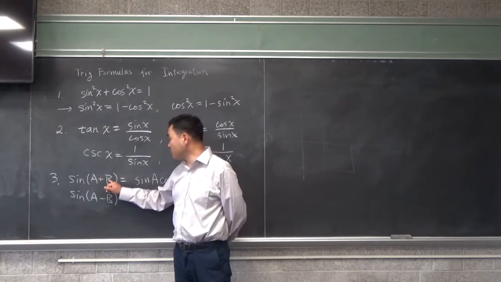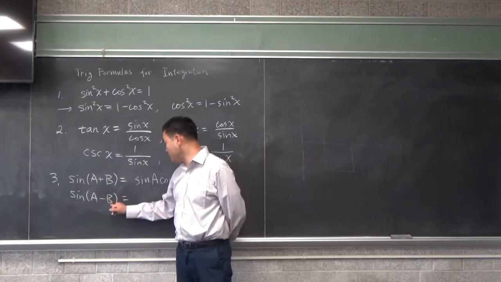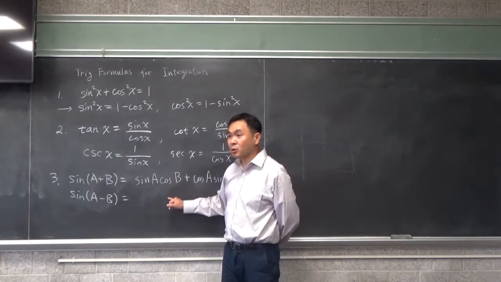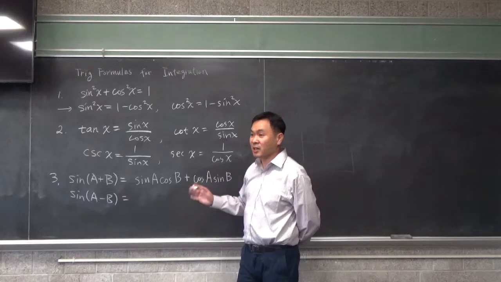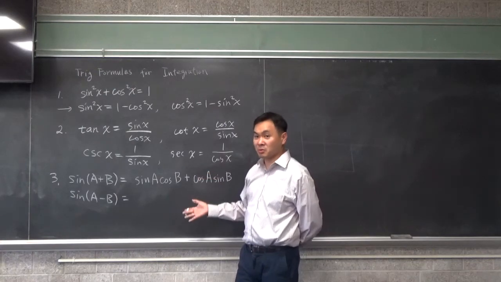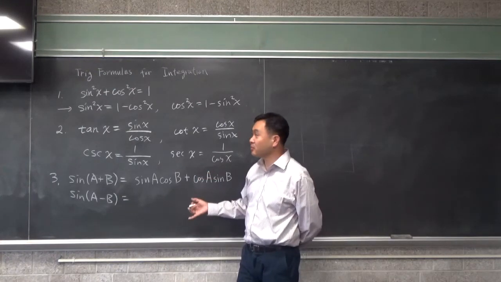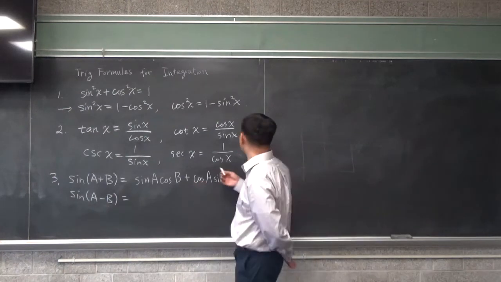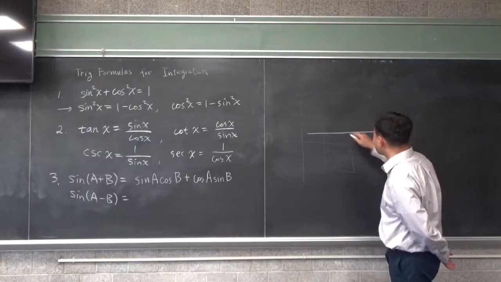If you replace B by negative B, this is going to be negative B, and this is going to be negative B, right? Is cosine negative B equal to negative cosine B or just positive cosine B? Do you remember that? Here's a cosine graph.